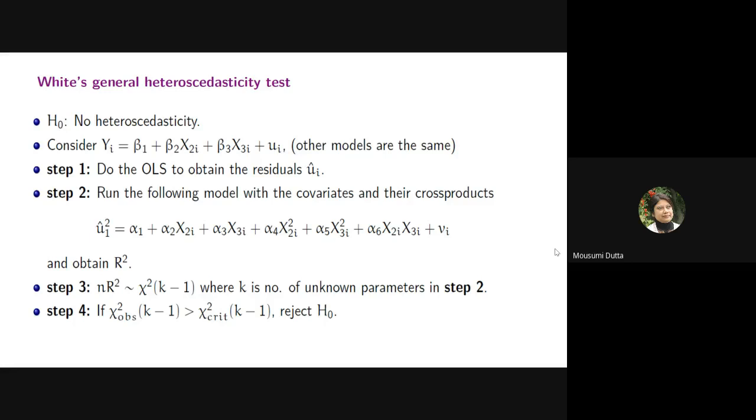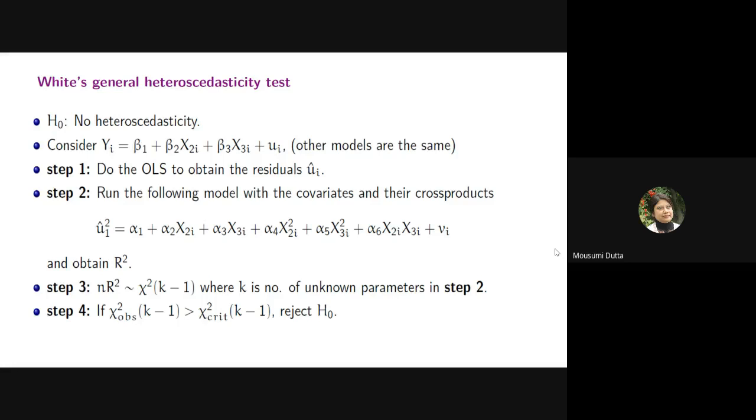So here too, if we need to check whether there is heteroscedasticity or autocorrelation, again the null hypothesis will be no heteroscedasticity, no autocorrelation. So H0 is no heteroscedasticity.